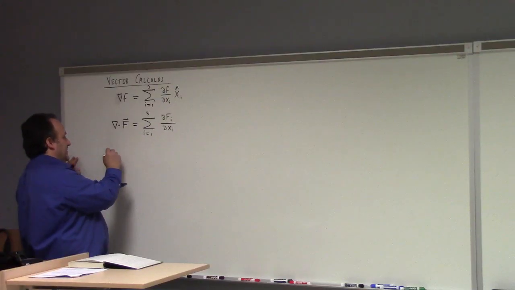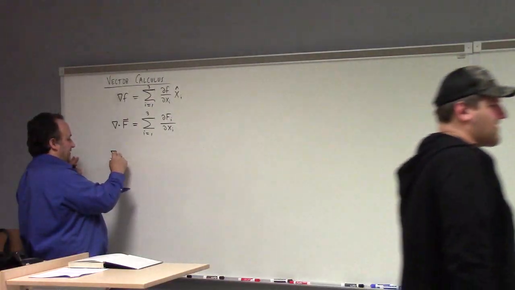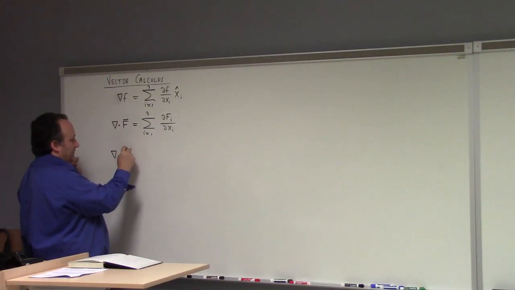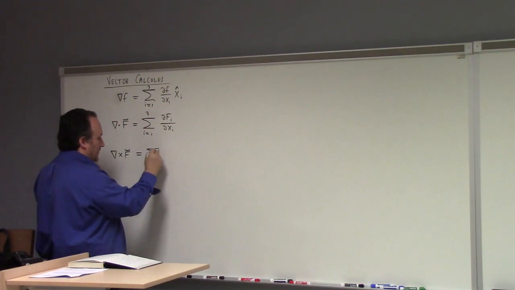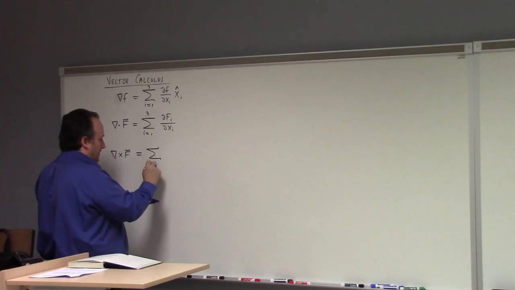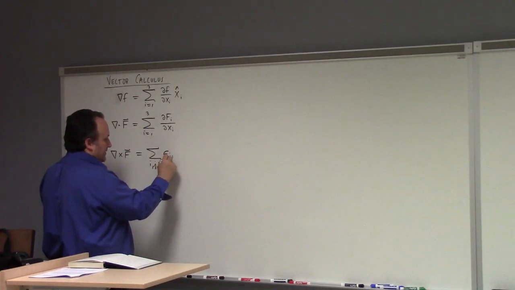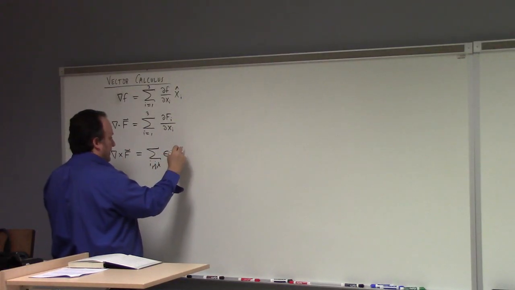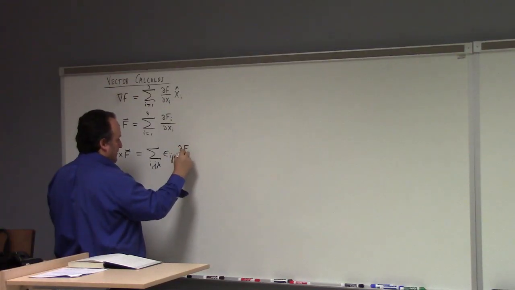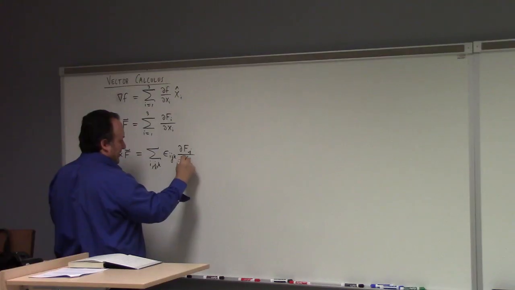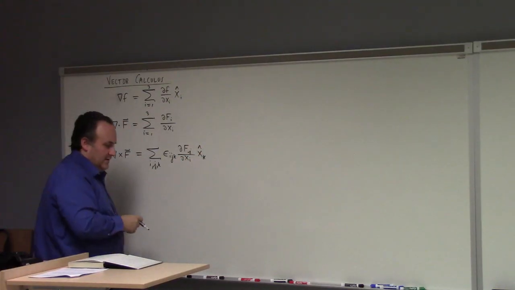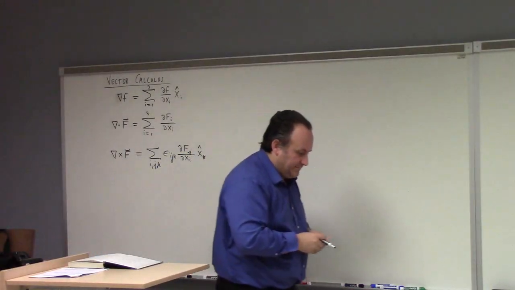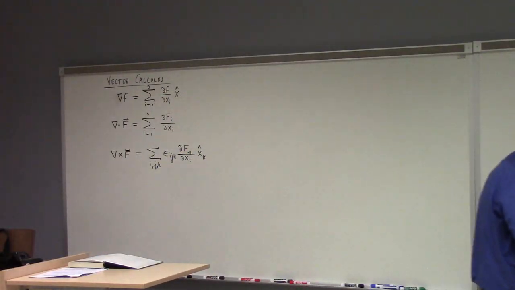And finally, last but perhaps most challenging, the curl of a vector field is equal to the sum over i, j, and k of epsilon i j k partial F sub j, partial x sub i, x hat k. So the curl of a vector field is once more a vector field.